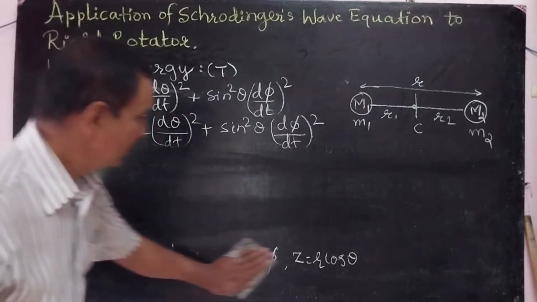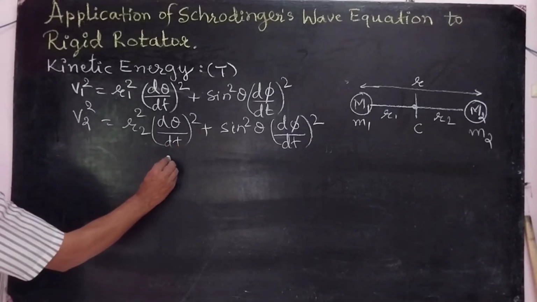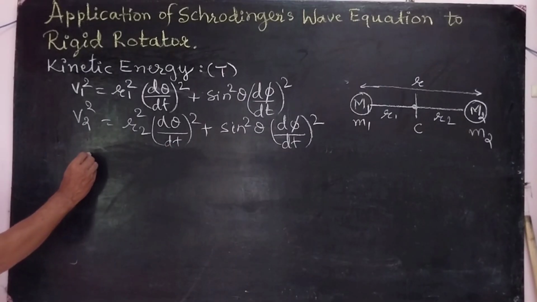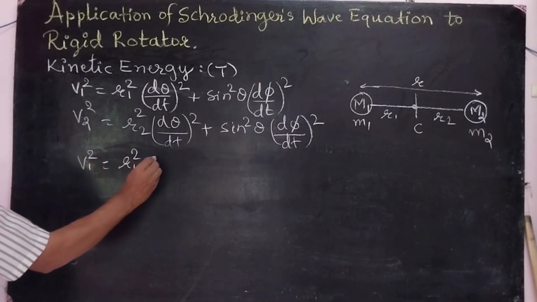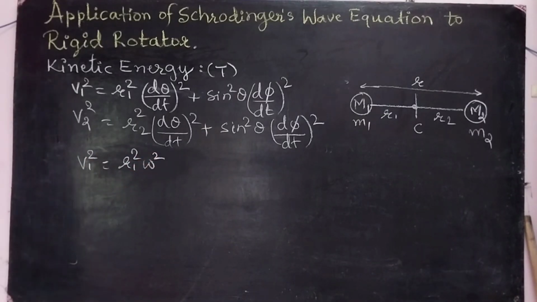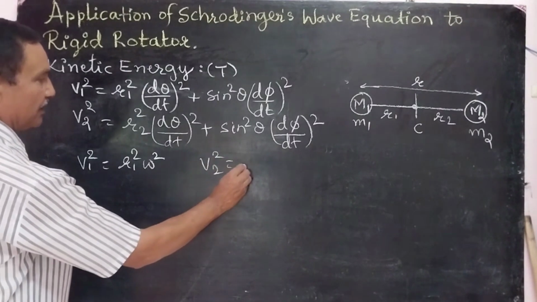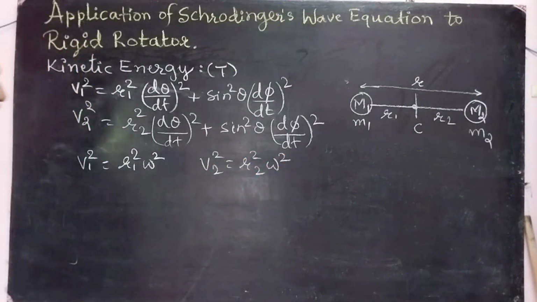We know the angular velocity is represented by omega. So v1 square equals r1 square omega square, and v2 square equals r2 square omega square.